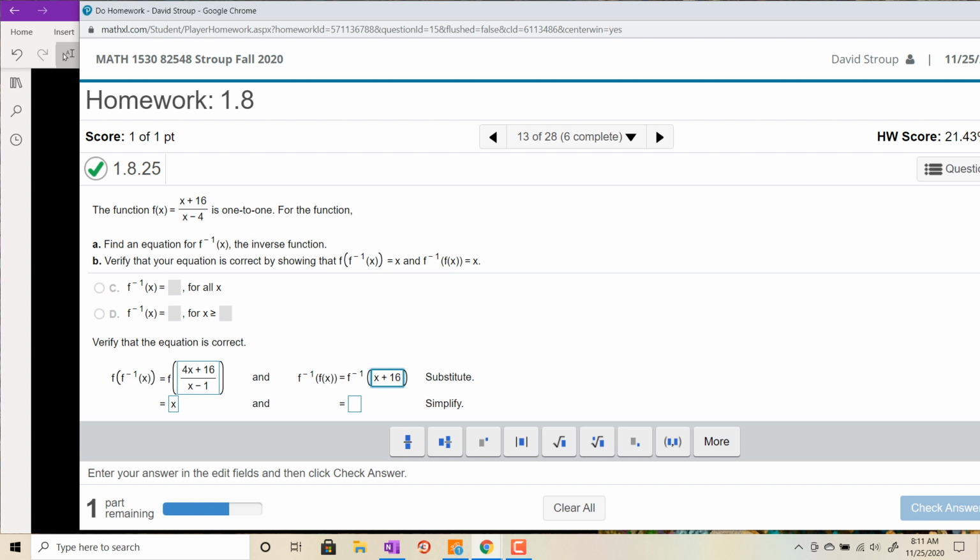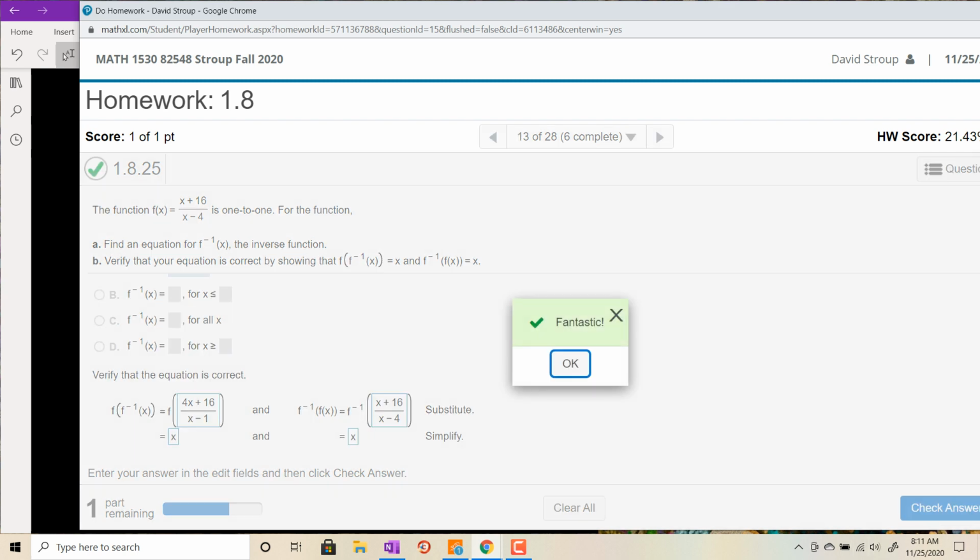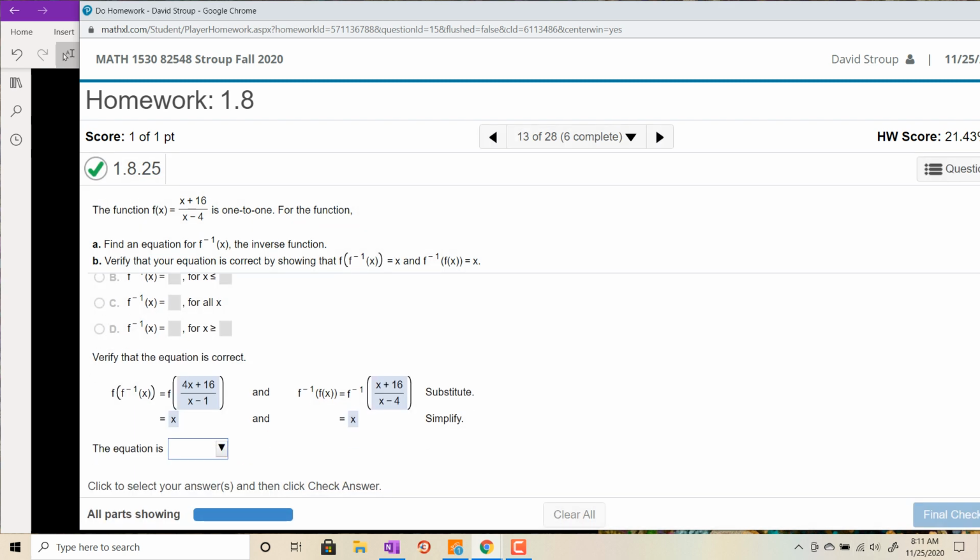x plus 16 all over x minus 4, and eventually that will just equal x. And what else?